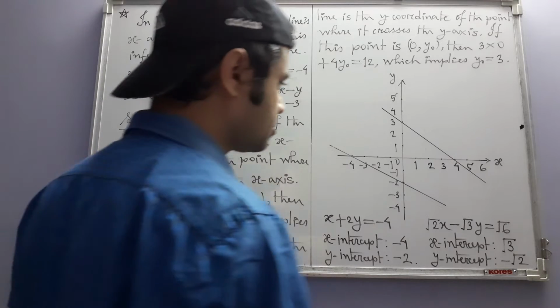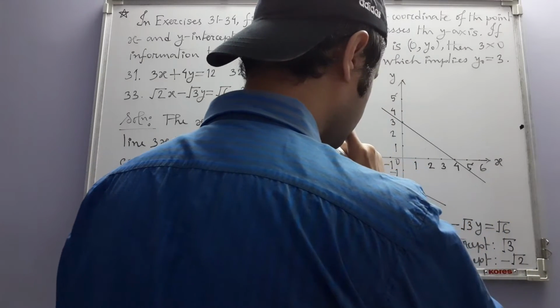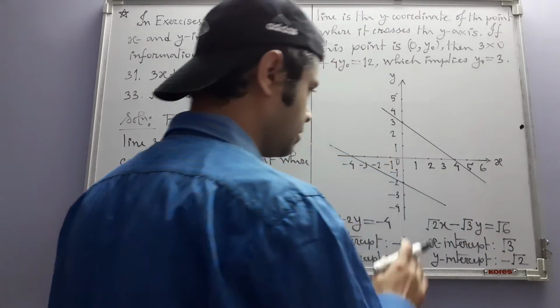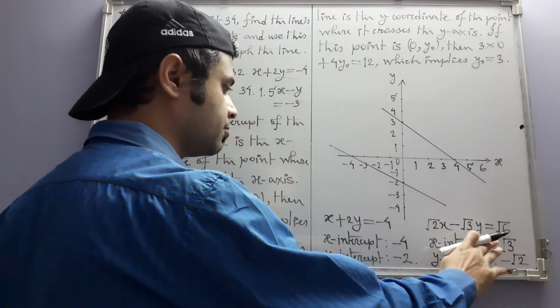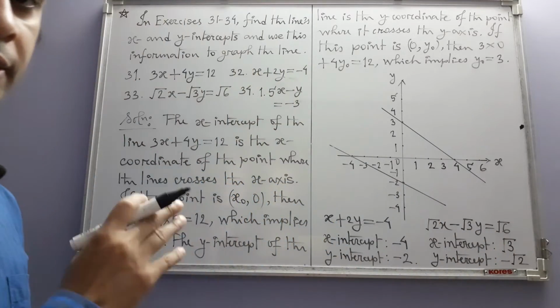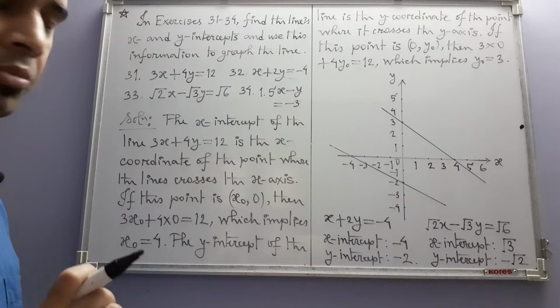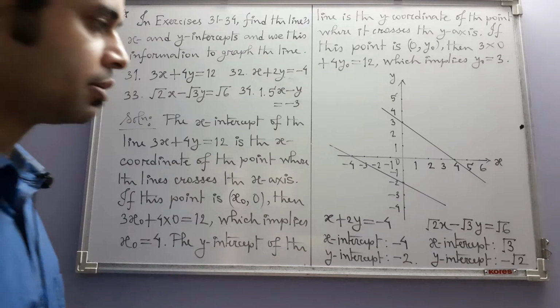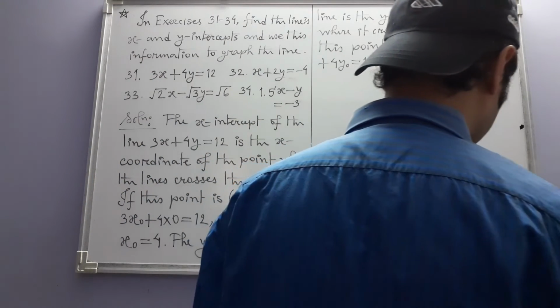Okay, so now of course we will have to draw the line and locate the points somewhat approximately, because these are irrational numbers.